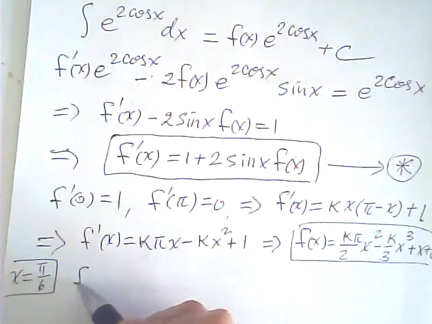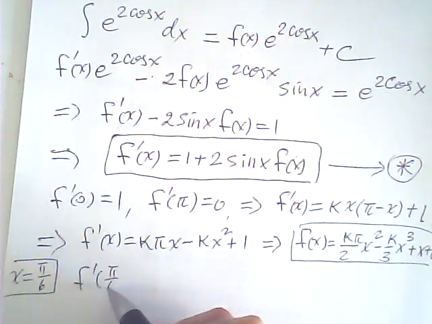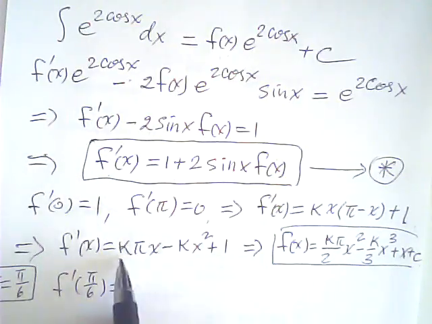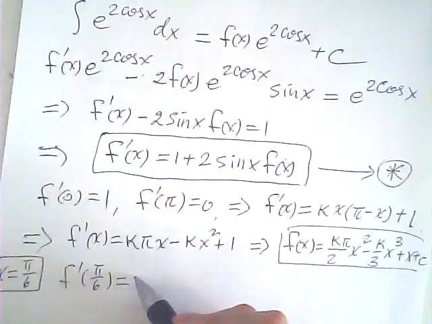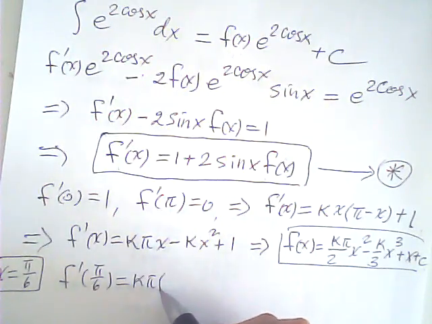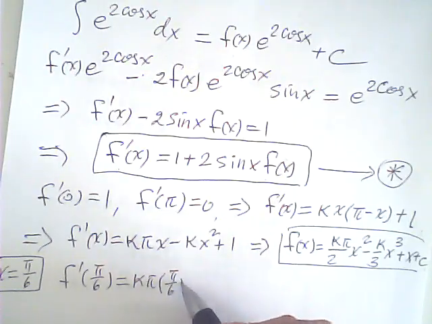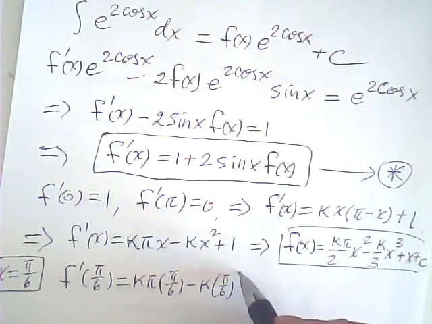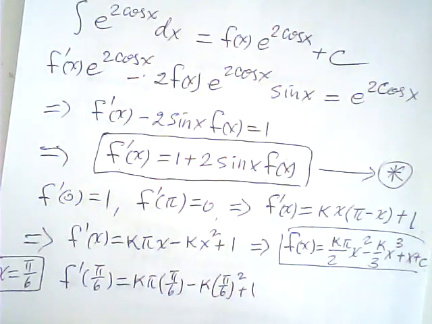So f prime of pi over 6, we use this formula, right? This is equal to k pi over 6 minus k times pi over 6 squared plus 1.